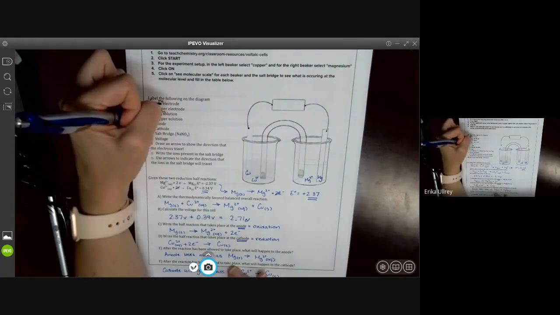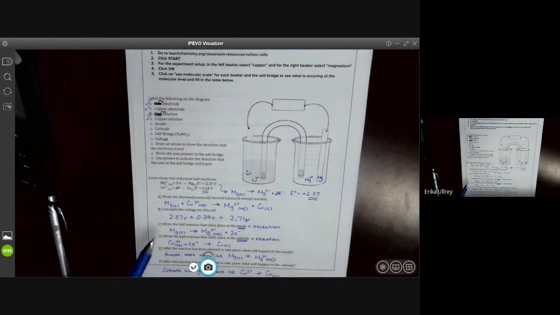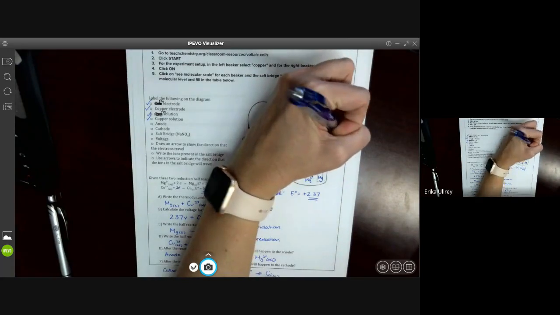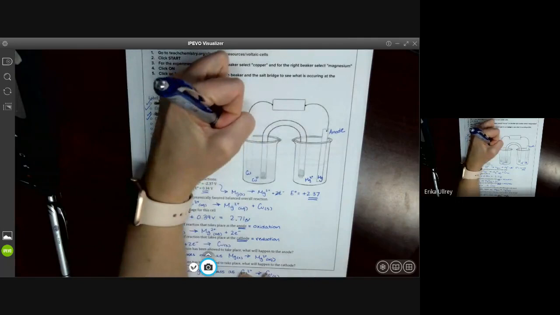It says we need to label the anode and the cathode, so we decided that the anode is where oxidation takes place, so the anode is going to be magnesium. Means this other side is our cathode.